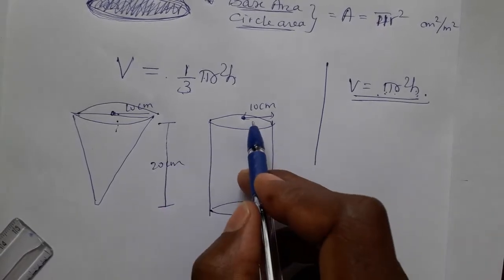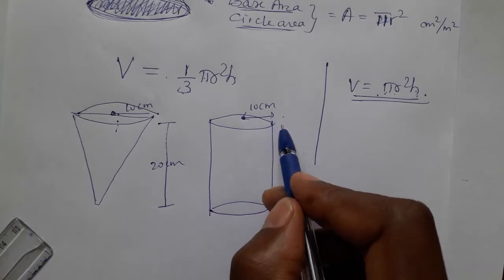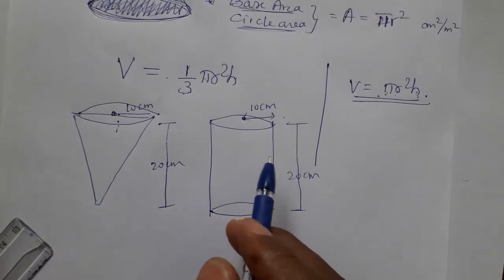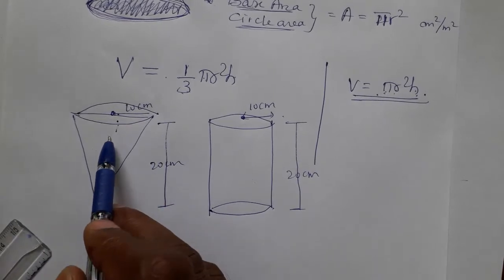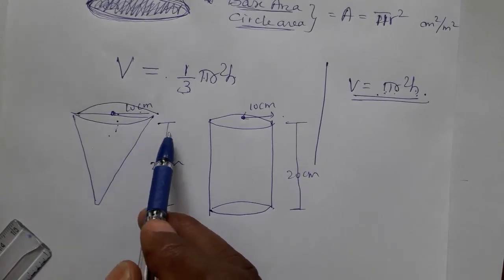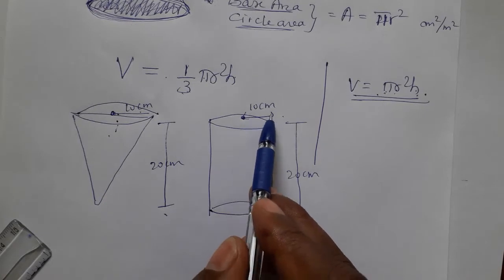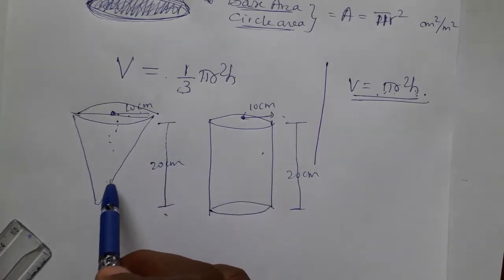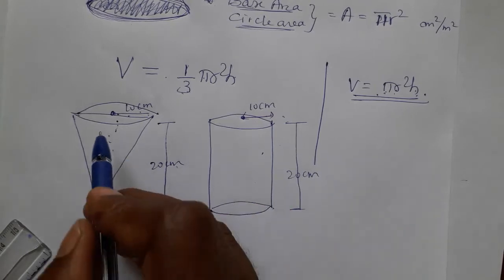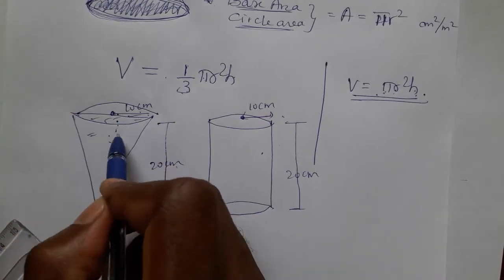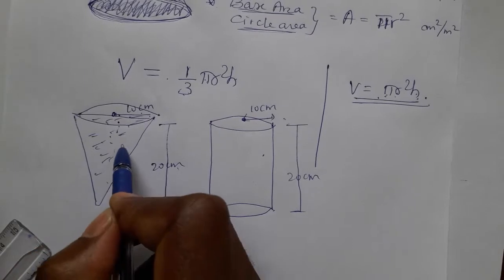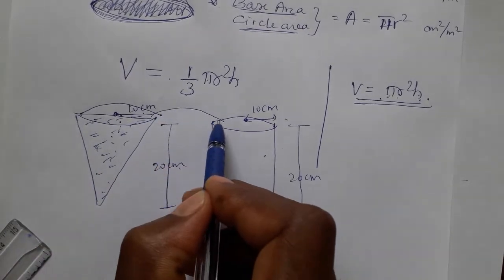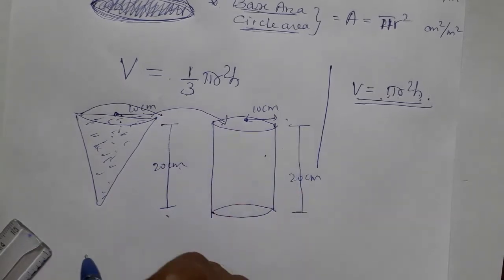One more is the cylinder, same radius 10 centimeter, height 20 centimeter. Now we take water in that cone and we allow this water to pour inside the cylinder.